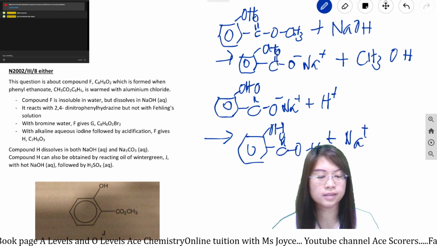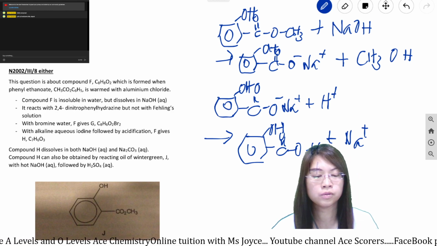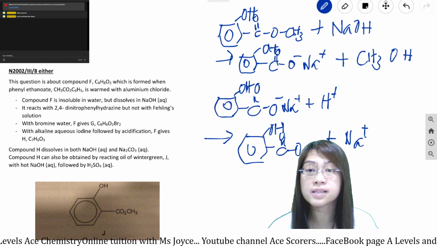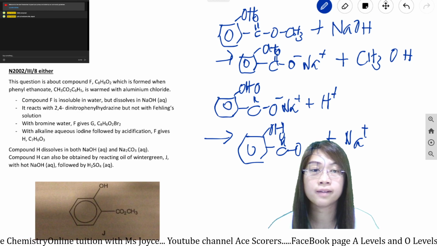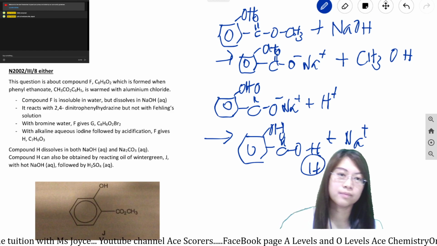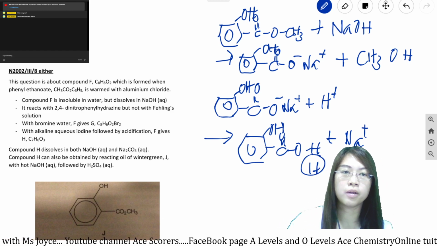Okay, so that is the structure of H. And if you look at the chemical formula of H, it says C7H6O3. That tallies with the structural formula of H.